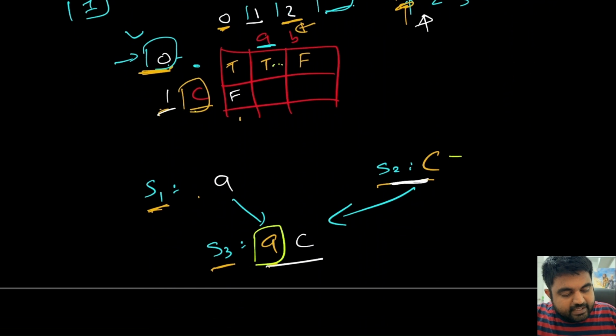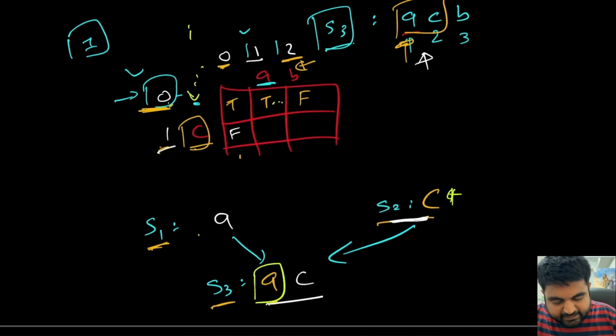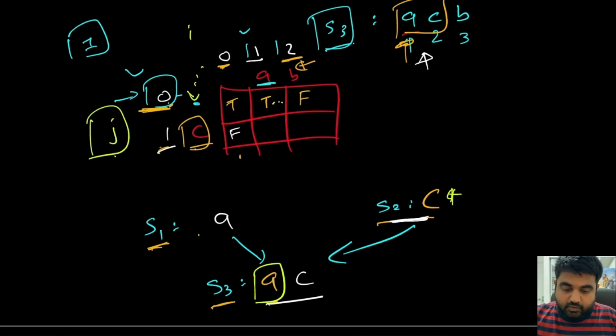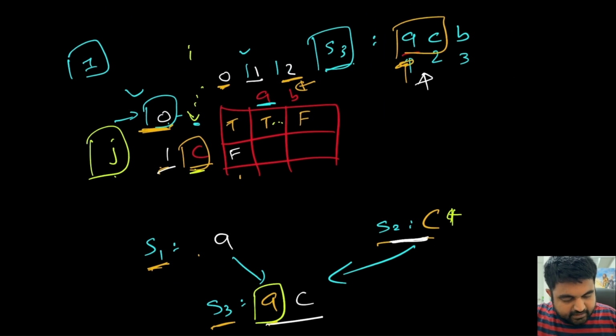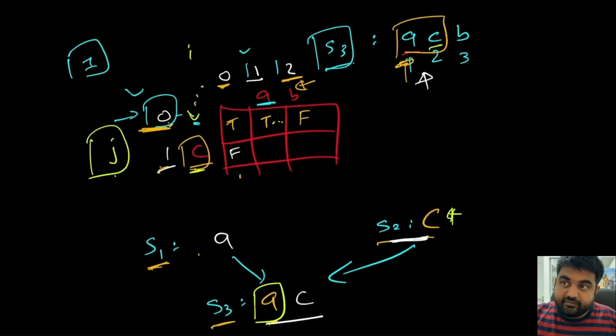So whenever we have any match, like this is going to be the y axis, let's say this is our ith row and this is our jth row, if we have a match on the jth row, because C is matching with this current C, we will have to compare whether we are able to generate A and C in order to make sure that this C is valid or not.